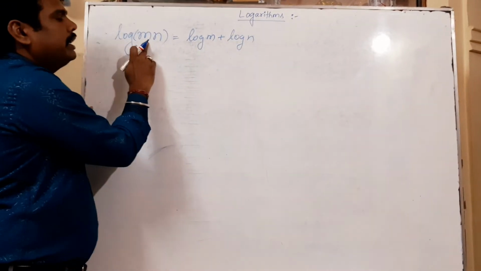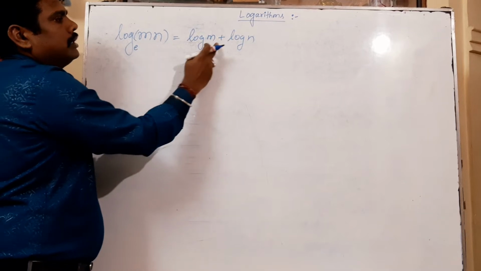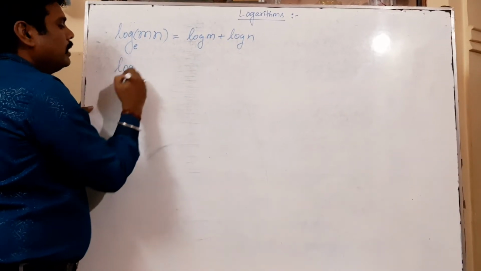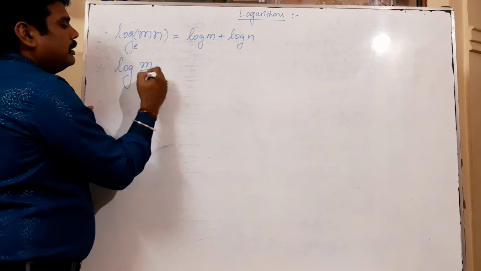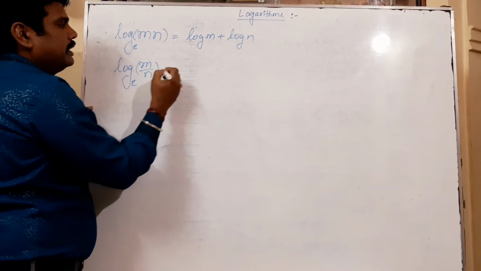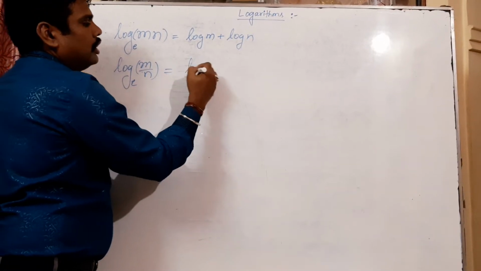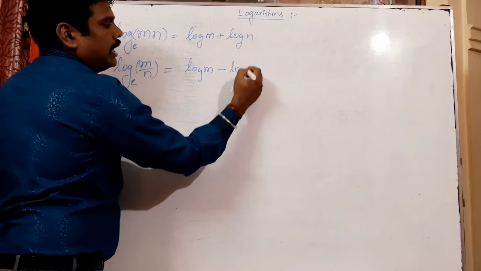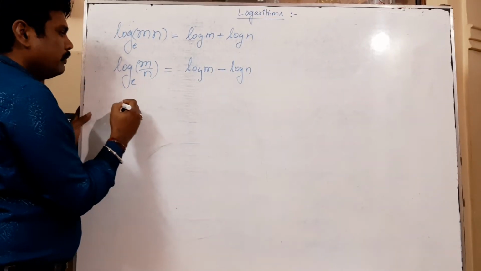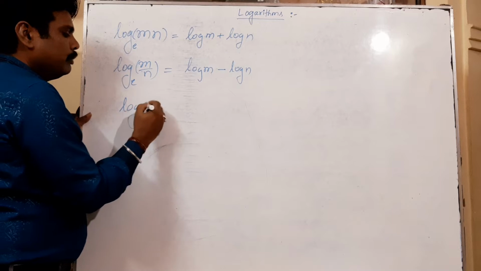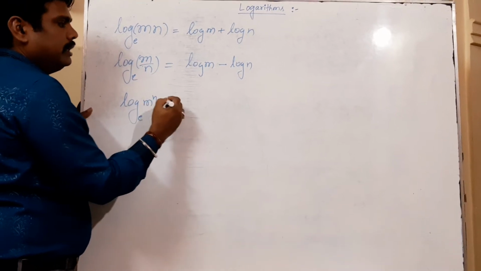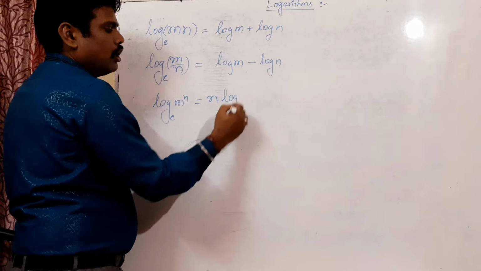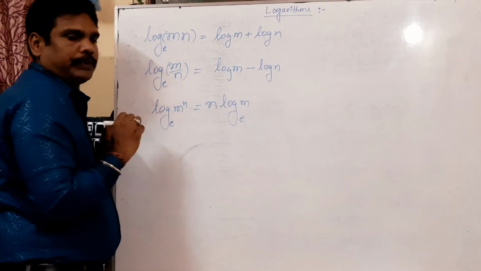If there is a multiplication, when you split it for logarithms, it should be addition. The second formula, the division rule, log m by n to the base e is equal to log m minus log n. And one more formula, log of m to the power of n to the base e can be written as n into log m to the base e; the power comes out.